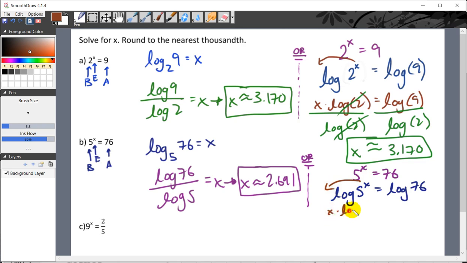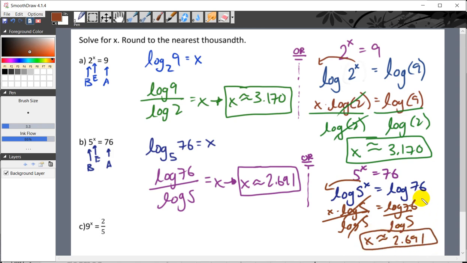This is x times log of 5 equals log 76. Divide both sides by log 5, and that's exactly what we have here. So x is approximately 2.691. However you want to do it is up to you.